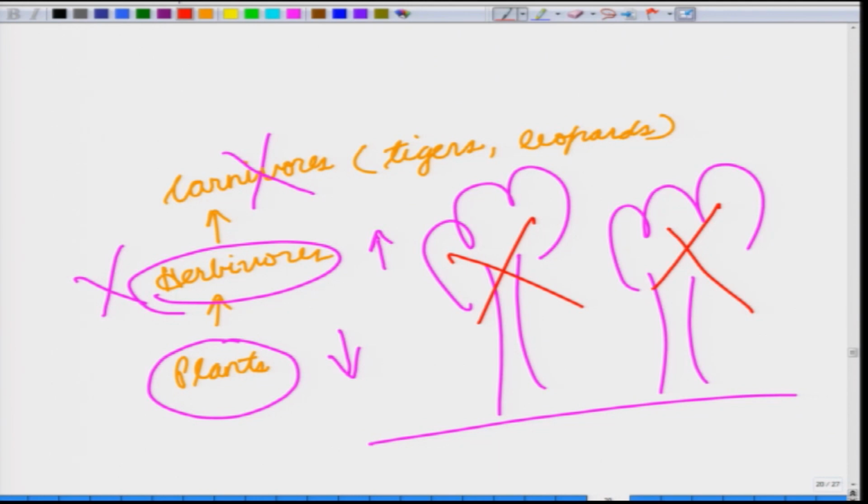So, earlier you were having a very lush forest, but because you removed the top carnivores like tigers and leopards, you now have a situation where there are no plants, because of which the herbivore population has collapsed, and the trees that have become very old have also died off.